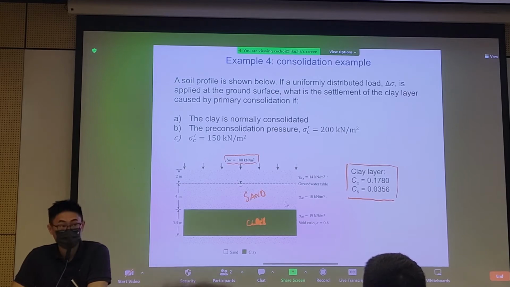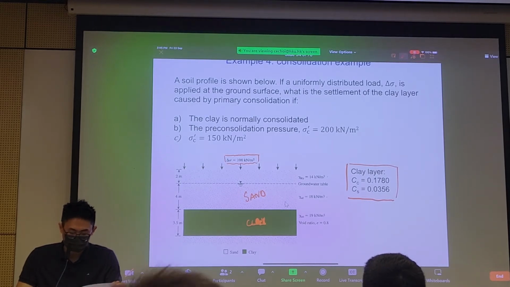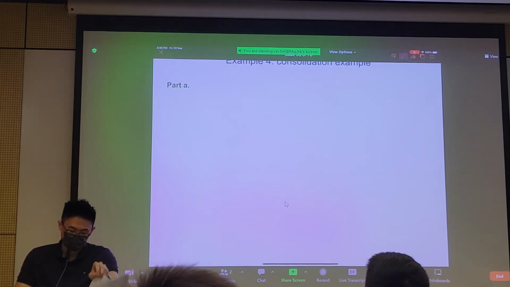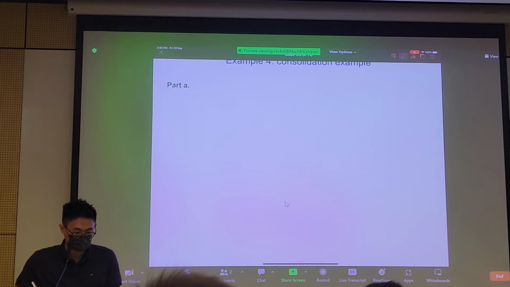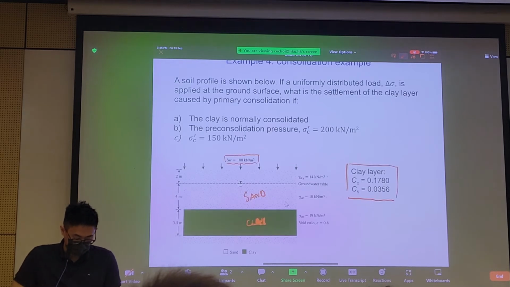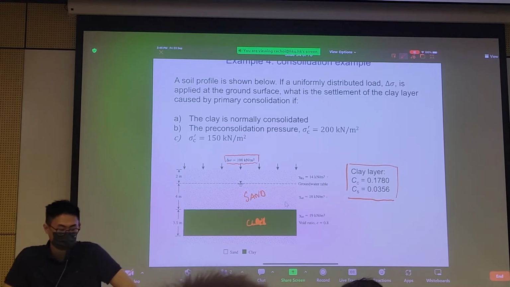So let's find the settlement for each of these three cases together. Now, part A, if we want to calculate the settlement of the clay layer here, there's one thing we need to do first. We need to know the effective stress. But how do we do that? Because the effective stress varies with depth.